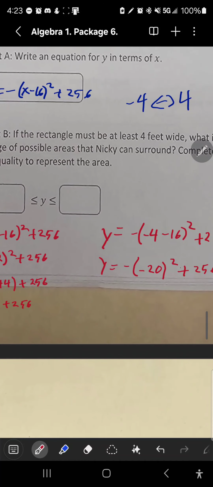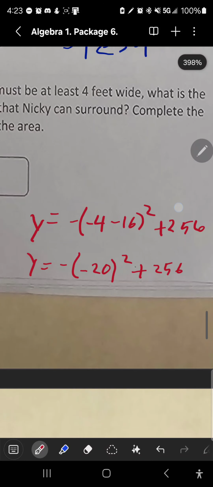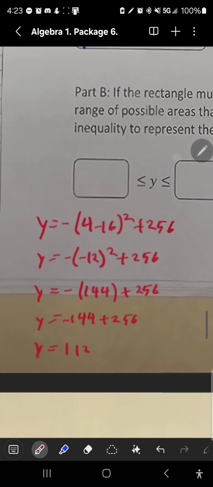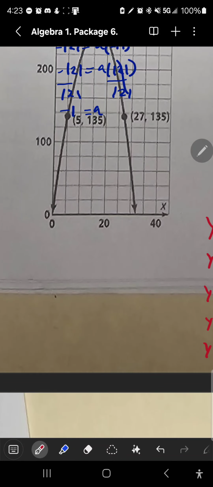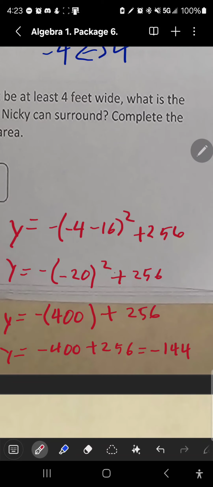Now, negative 20 squared is 400, so it will be minus 400 plus 256, and that's equal to negative 144.